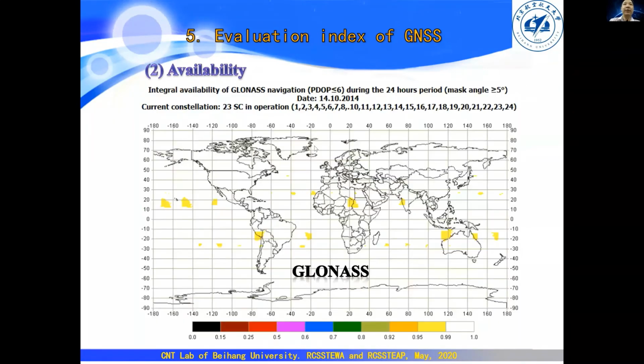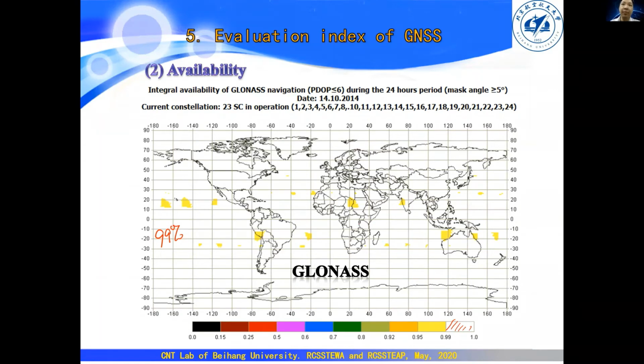So we will show you some interesting pictures. This is an old one. This shows the availability of GNSS in the year 2014. And you may see that almost all availability is more than 99%, if it's in the white color.